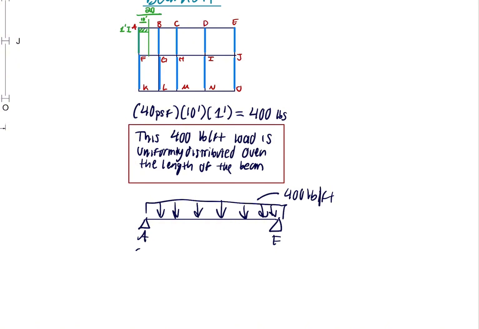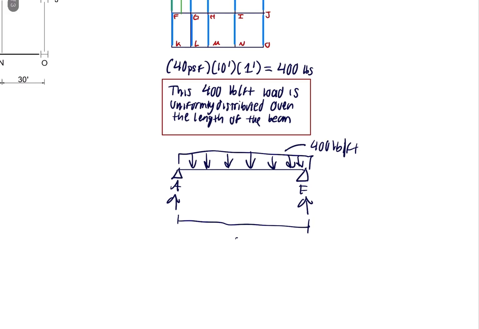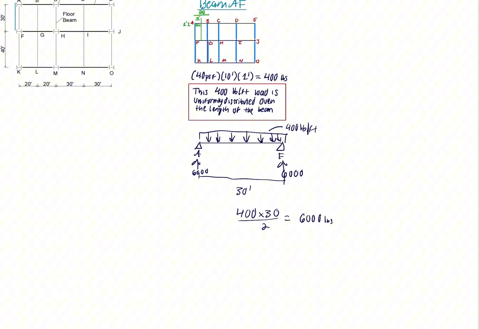Then you can calculate the reactions. The length of AF is 30 feet. You multiply the 400 times 30 and divide by 2 to get the reactions, and you will get 6,000 pounds. So that is what it means by 400 pounds per foot uniformly distributed over the length of the beam.